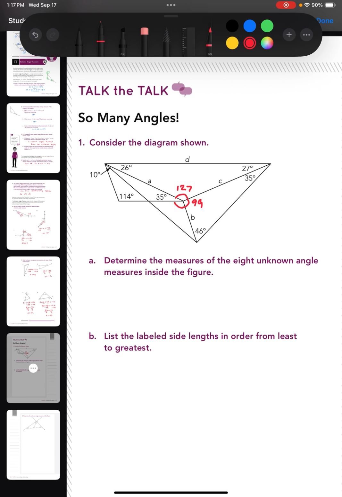Well, we now know that 35, that other angle there, plus 127 plus 99, we're only missing one angle there to get to 360. So if we add all those up, we would need to get another 99 to get to 360.